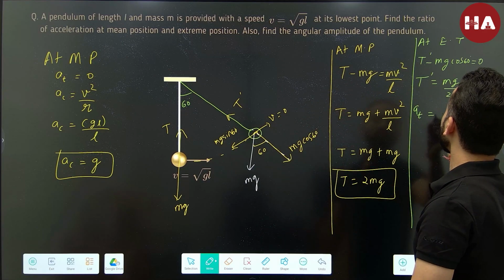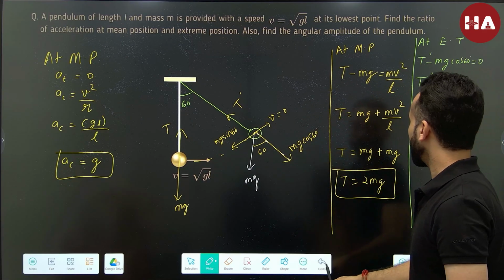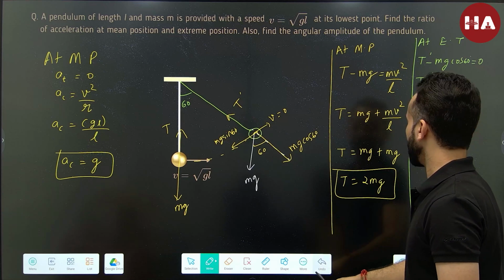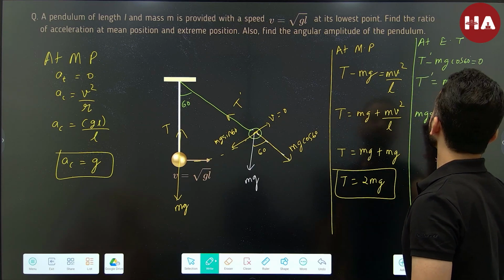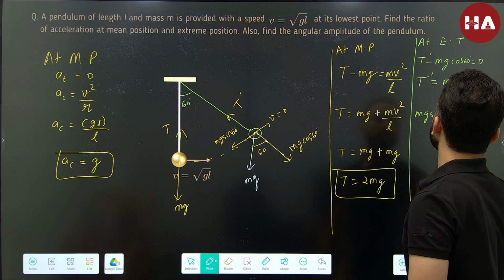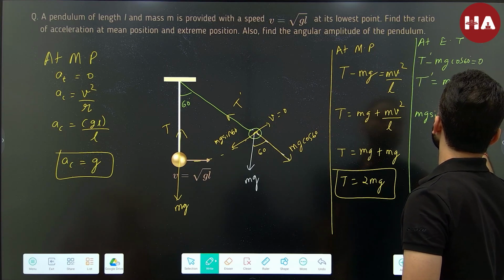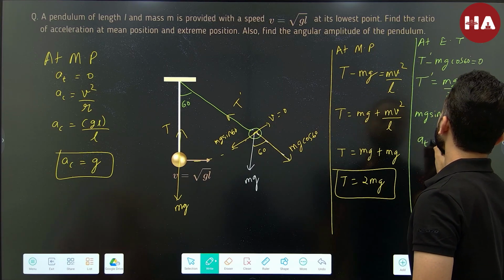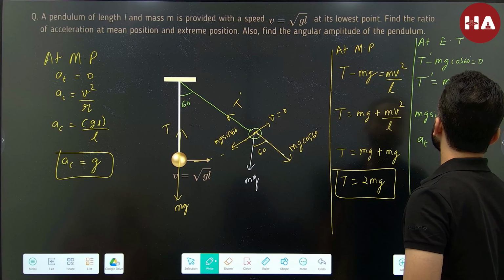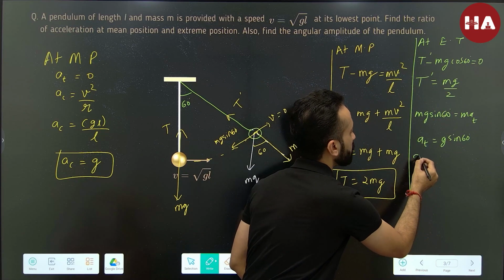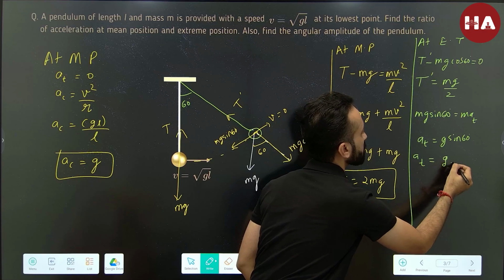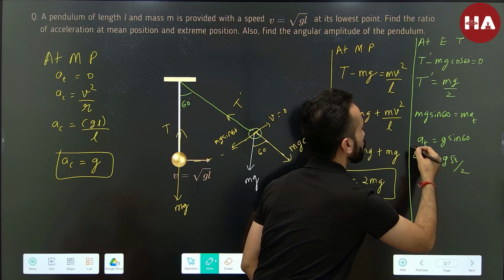So the tangential acceleration you can calculate by simply equating mg sin 60, that is the net tangential force, to m a t. So tangential acceleration turns out to be g sin 60, that is g root 3 by 2.